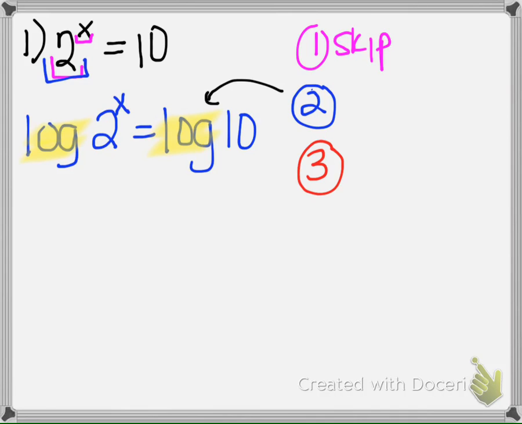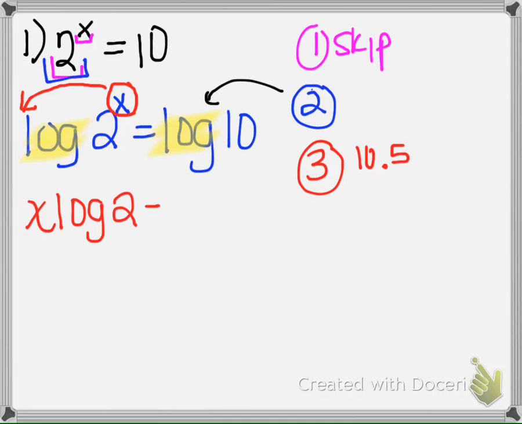So step 3, we're going to use what we learned in 10.5 in your notes, that we could take this exponent and put it in the front. So this is step 3. Okay, so we put this out in front there.